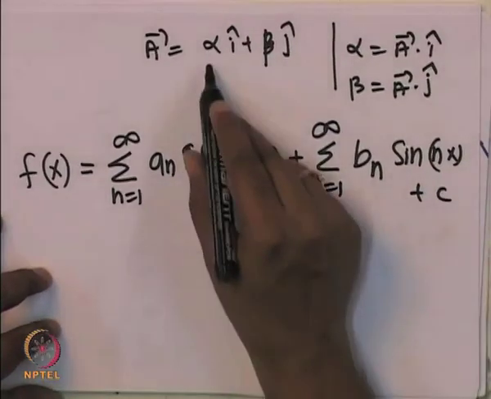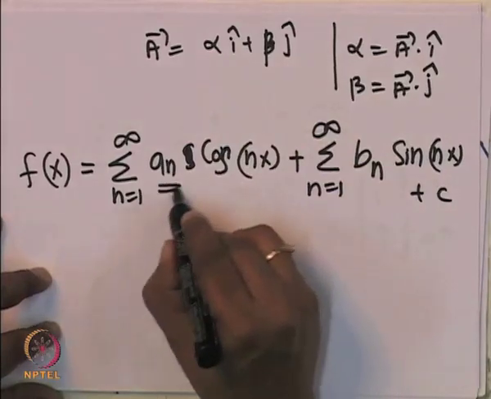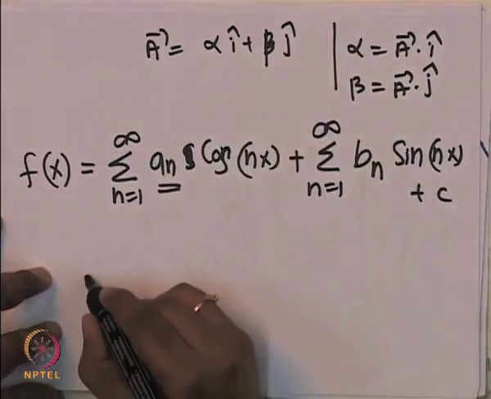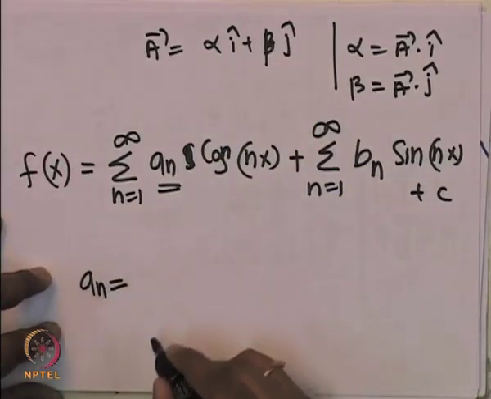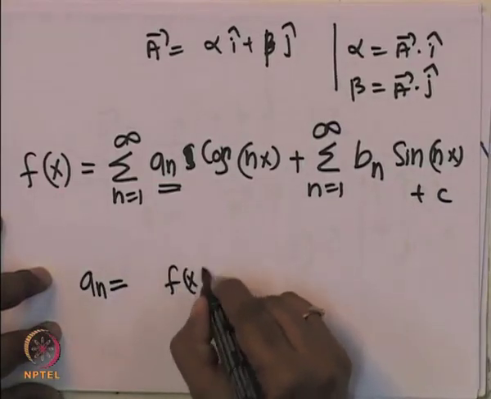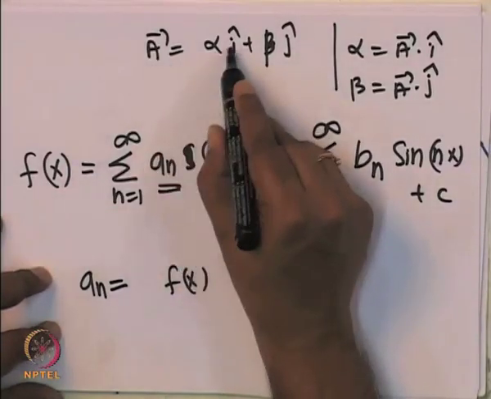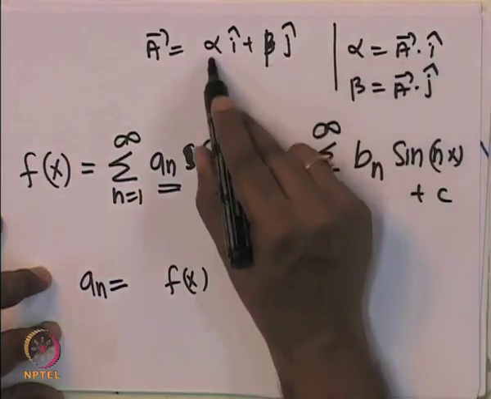Now, analogous to this, the way of finding a n is this: we found a dot product with i, and a dot i gave you alpha.